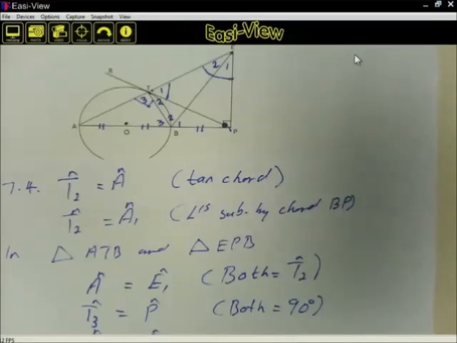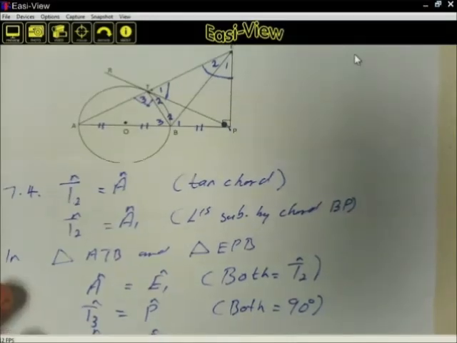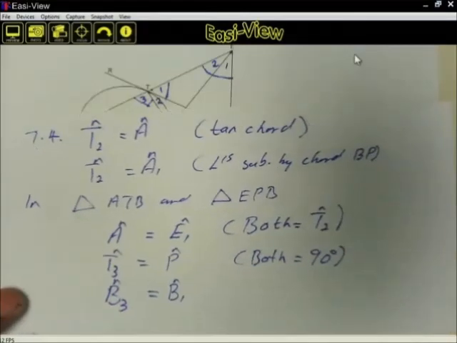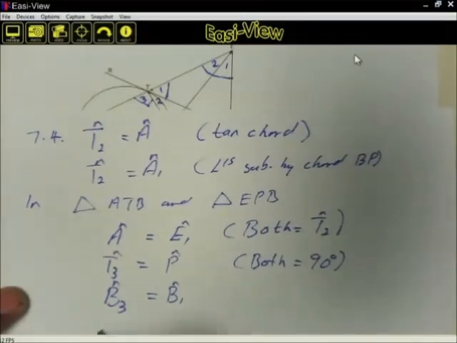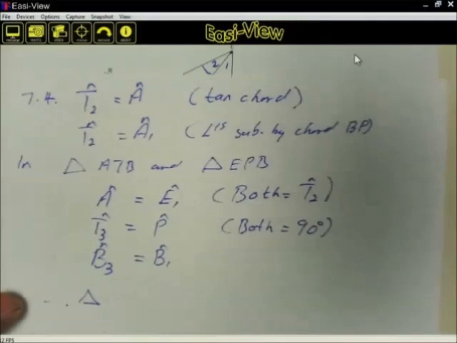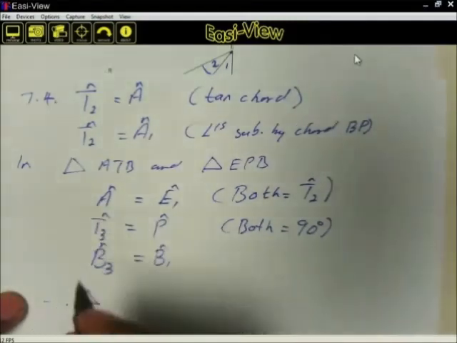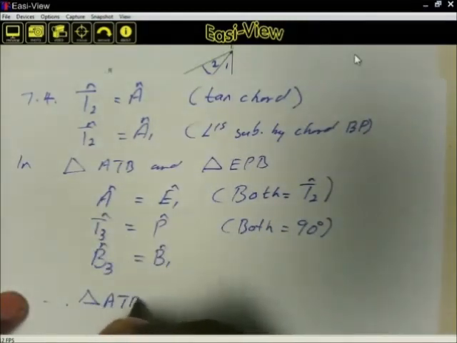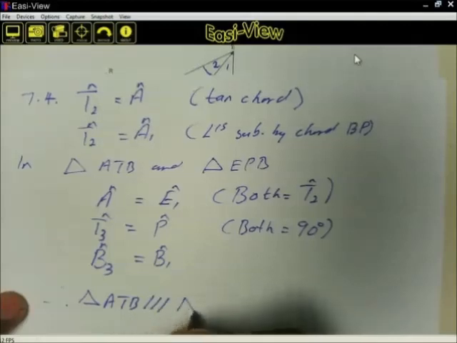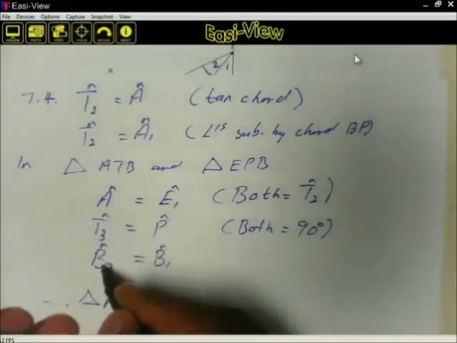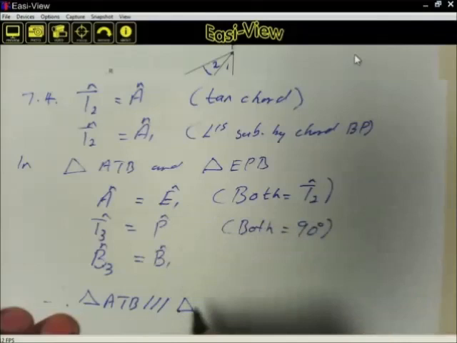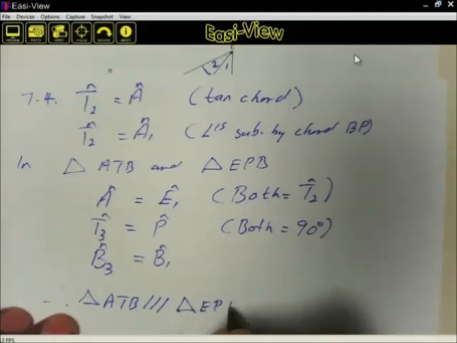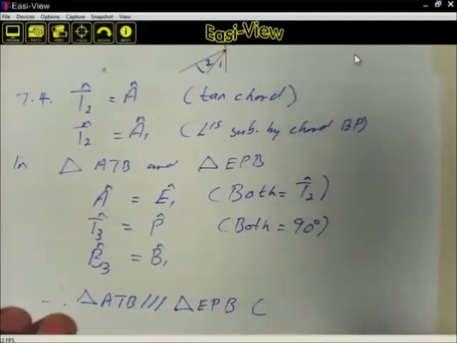Then we can conclude. B3 is equal to B1. Therefore, triangle ATB will be similar to triangle EPB. Order is very much important.